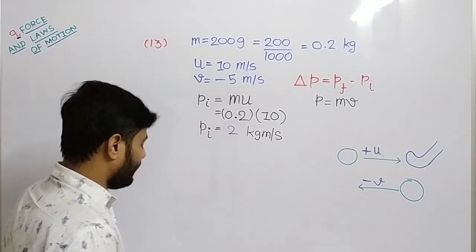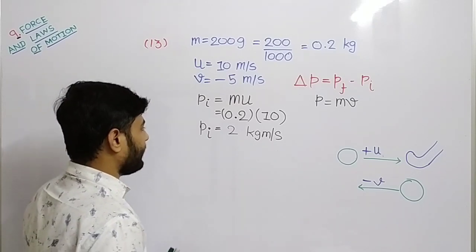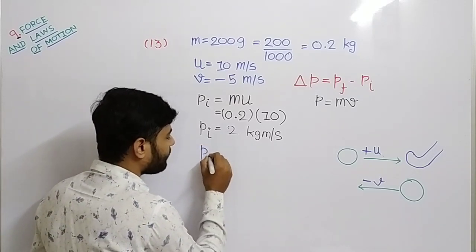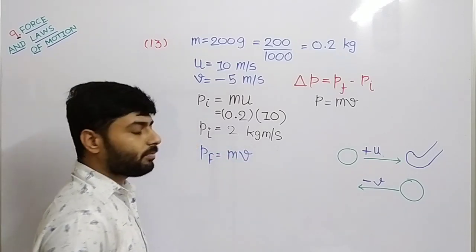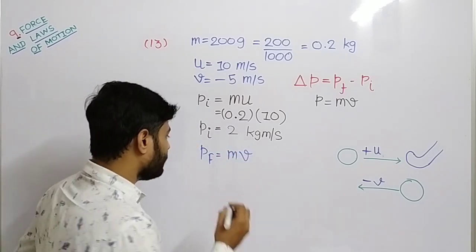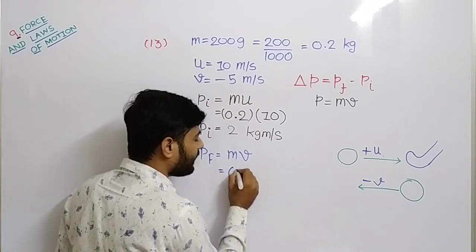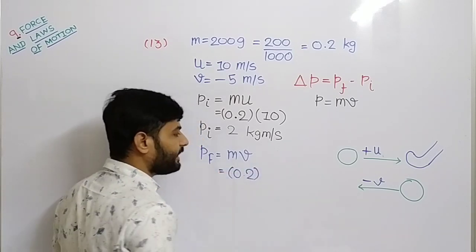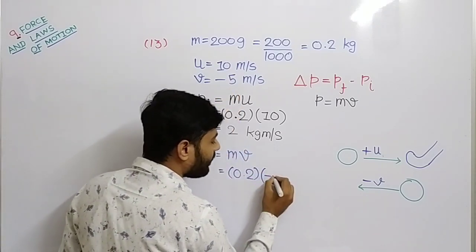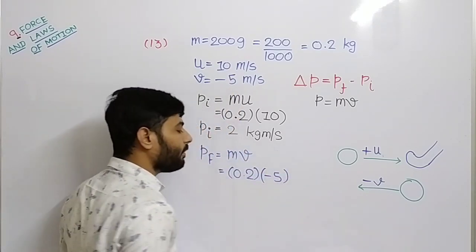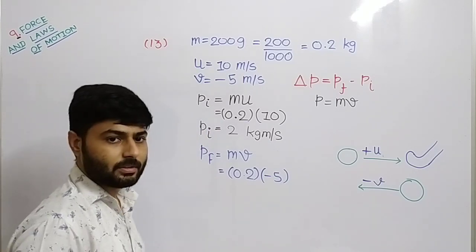Now final momentum PF, that is mass into final velocity. So I have mass 0.2 kg and final velocity minus 5 meter per second.